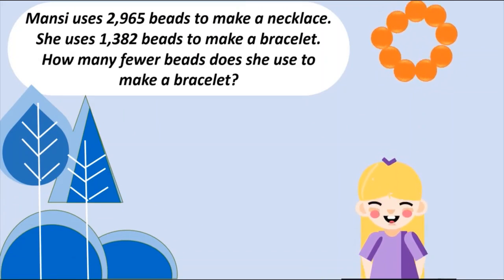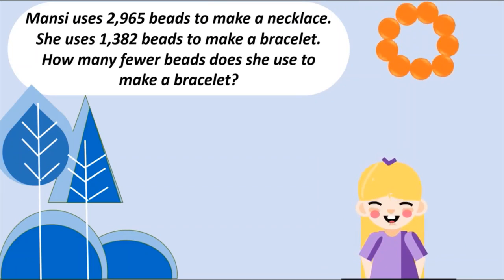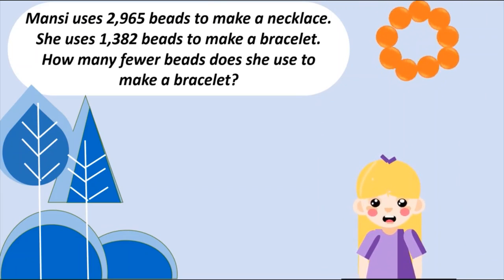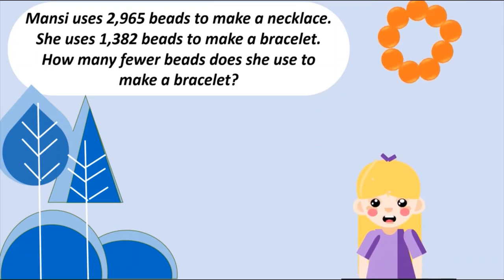Mansi uses 2,965 beads to make a necklace. She uses 1,382 beads to make a bracelet. So, number of beads needed to make a necklace is 2,965. Number of beads used to make a bracelet is 1,382.